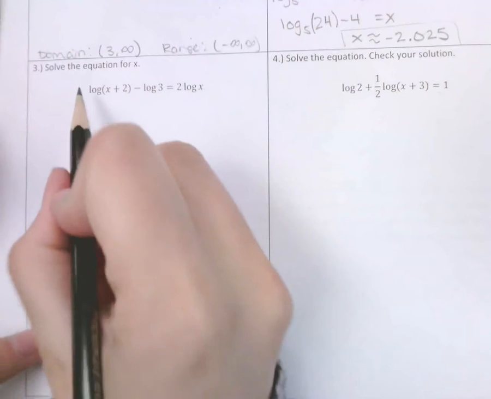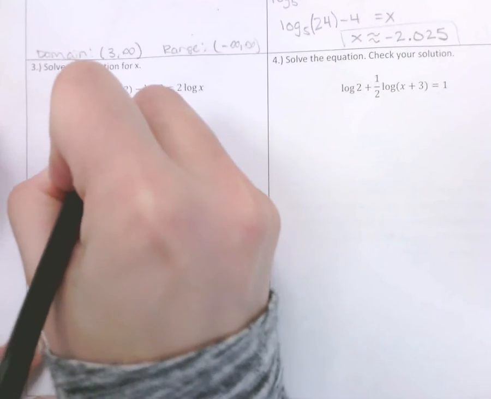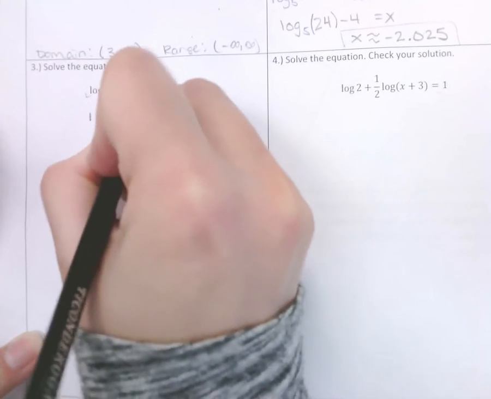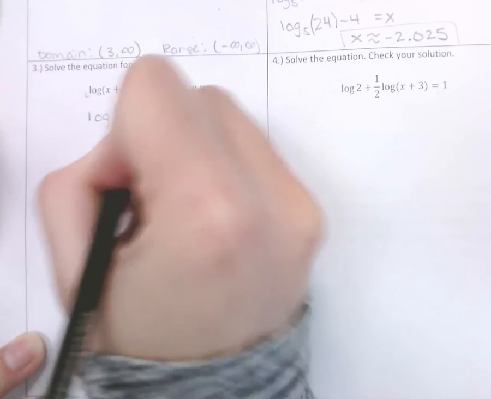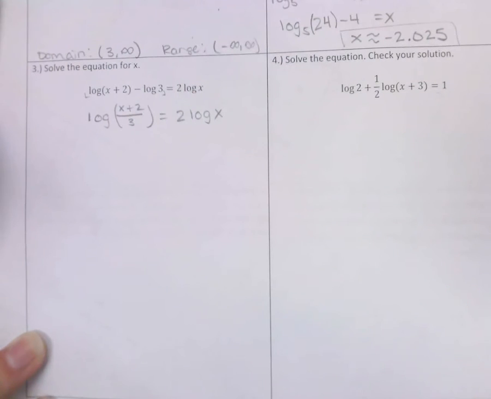So we're going to combine these two logarithms as one, and we can do that with the quotient property. Because these are the same log, we can write the log of x plus 2 divided by 3 instead of 2 separate. So that condenses it a little bit.